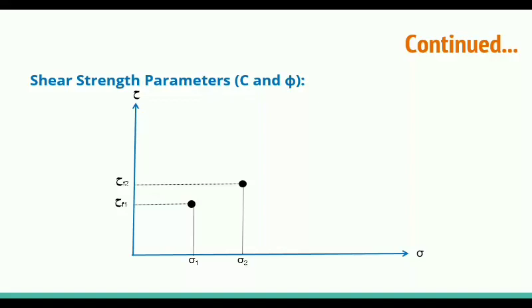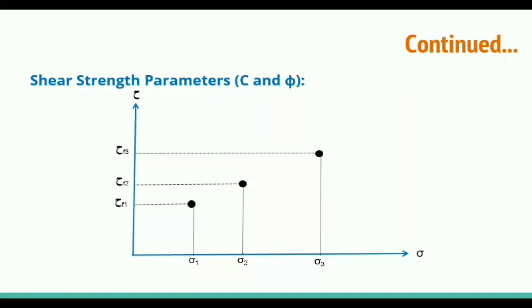Again we perform another test. In all the 3 tests we do in the laboratory, all samples will be the same, so that we can correlate them with each other. This time we fix a different normal stress, sigma 3, run the test, and get tau F3.